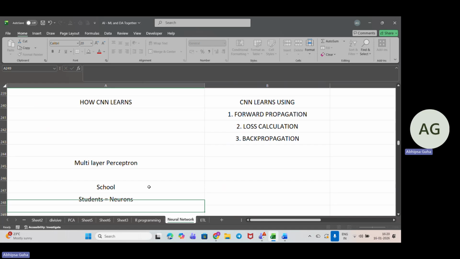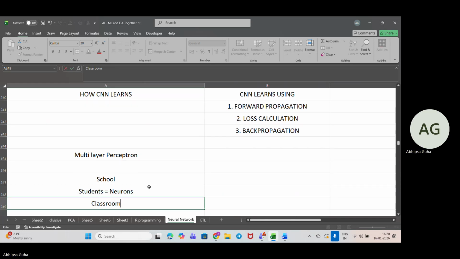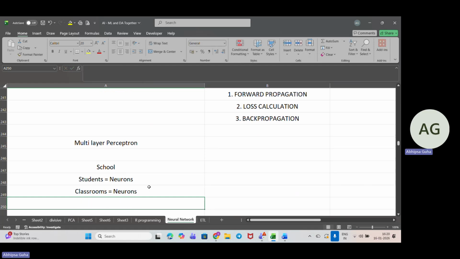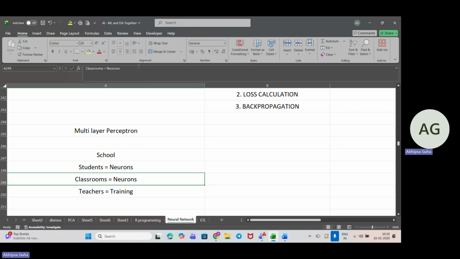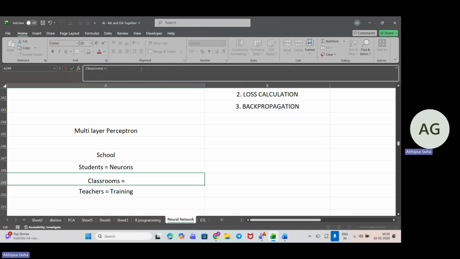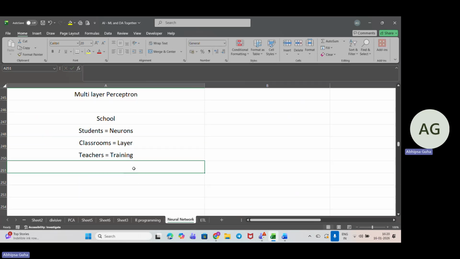Then we have classrooms, which are layers, so basically neurons, but with layer specifications. Next, we have teachers, who come in as the training. Next, we have the exam, that is the prediction.